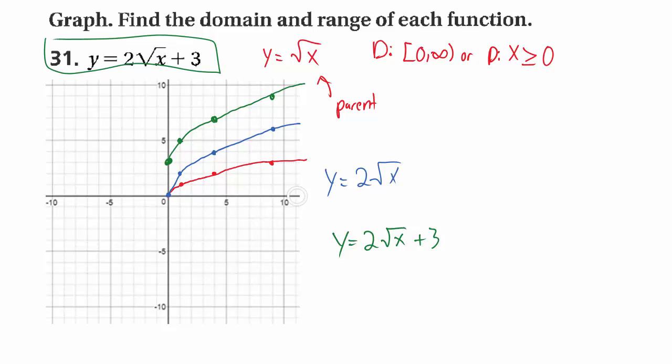If you do square root of 100, you're going to get 10. If you do square root of a million, the square root of a million is 1,000. So we can keep going up as far as we want, but since this is the principal square root function, you're never going to get a negative value. The only way you could get a negative is if they reflected it across the x-axis. So the range of your parent function is also going to be 0 to infinity.